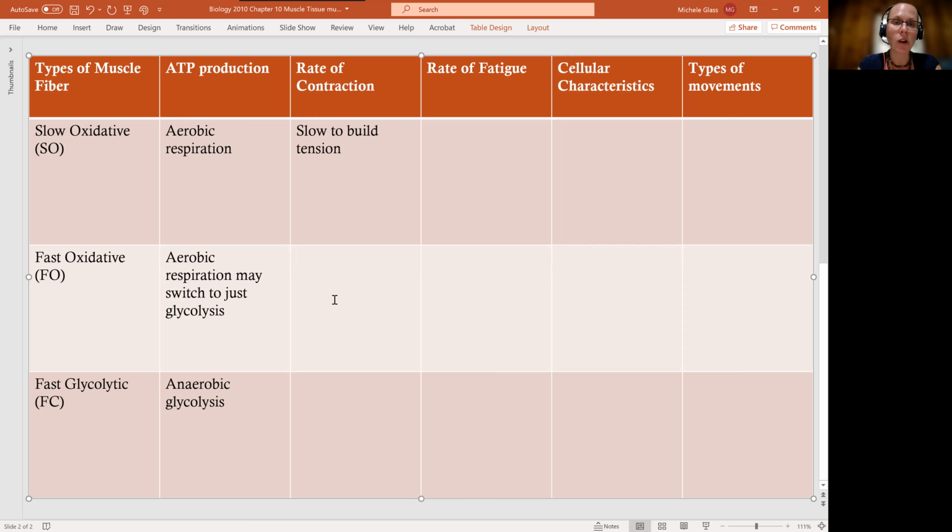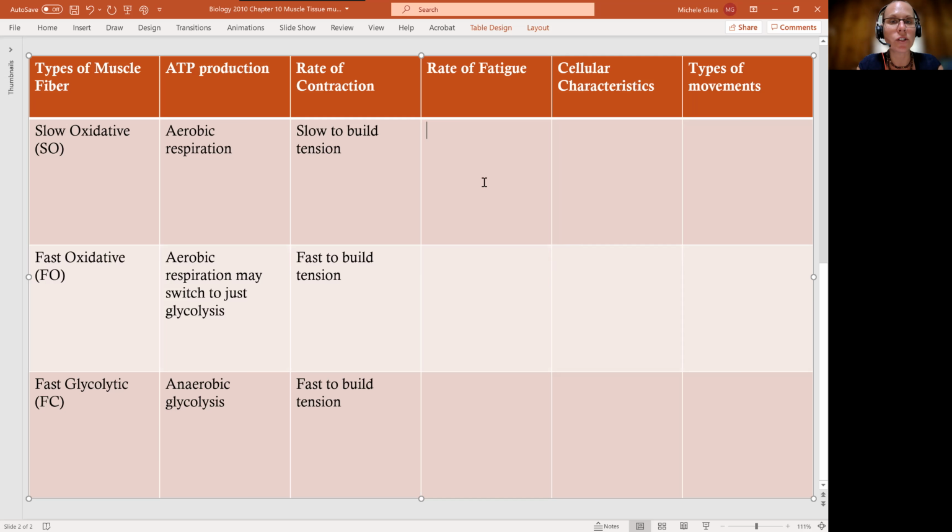And so the other two are both termed fast, and that's because they are fast to build tension. But we are seeing that they produce ATP in different ways, and so this will give us insights into their differences in fatigue and also cellular characteristics.